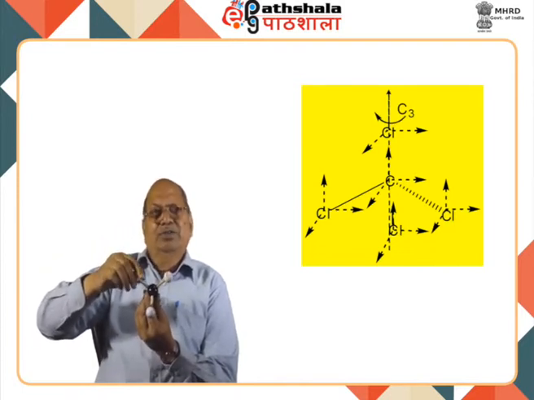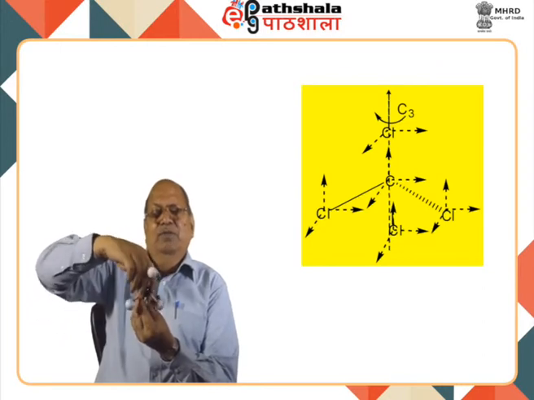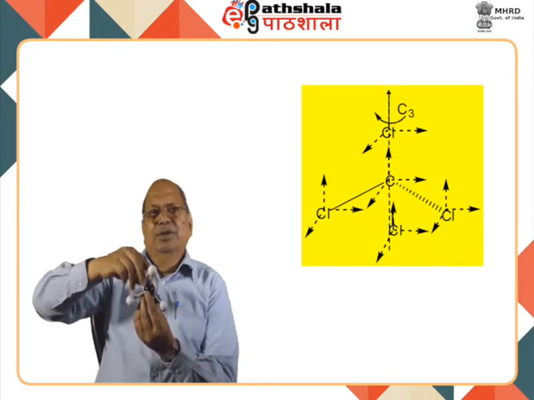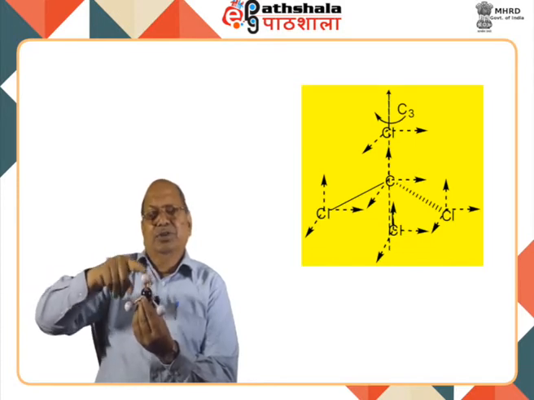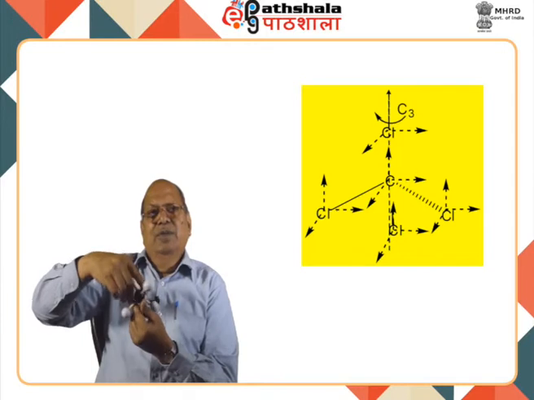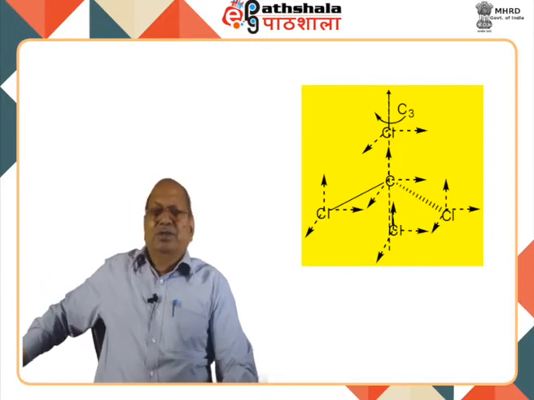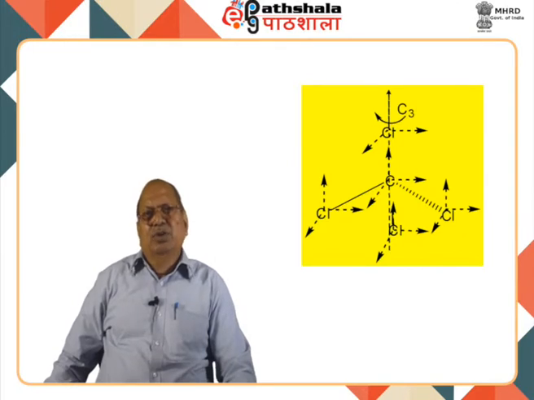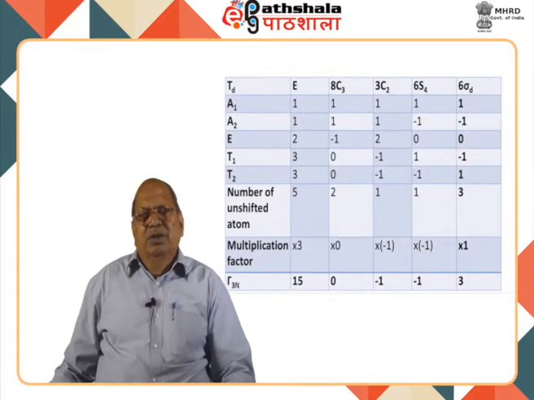Now if I carry out the C2 operation like this, how many atoms are not shifted? Only 1 atom is not shifted. These and these are interchanged. Like this, I can study the effect of symmetry operations on this molecule. Now let us see the effect of the various symmetry operations of the CCl4 molecule on these 15 Cartesian coordinates.